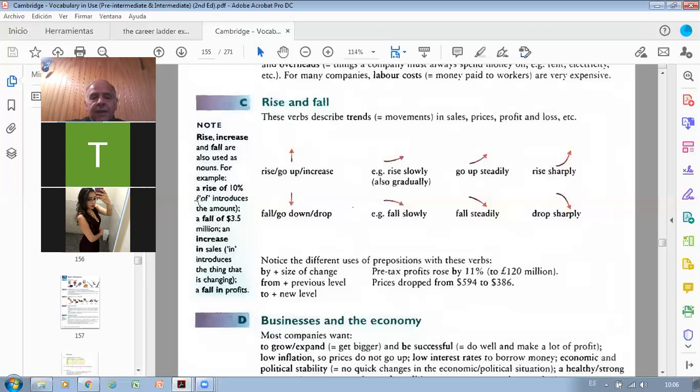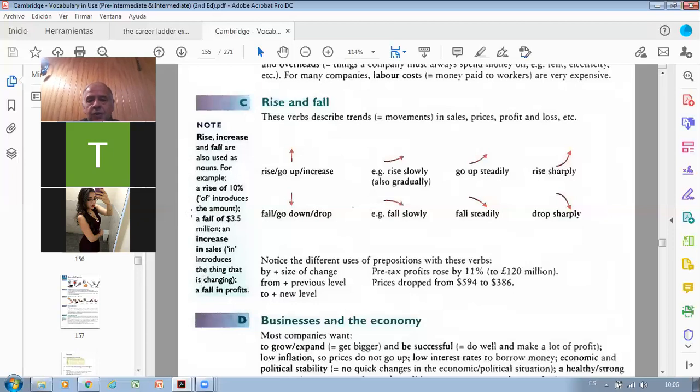For example, in here, it is used as a noun. A rise of 10% often introduces the amount. A fall of 3.5 million. An increase in sales. In introduces the thing that is changing. A fall in profits.